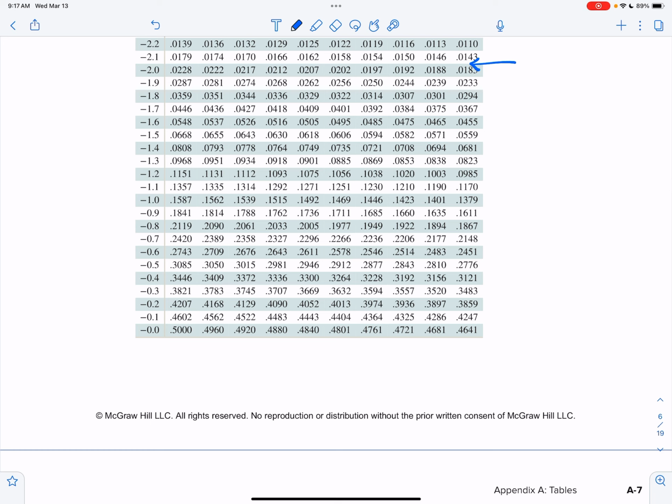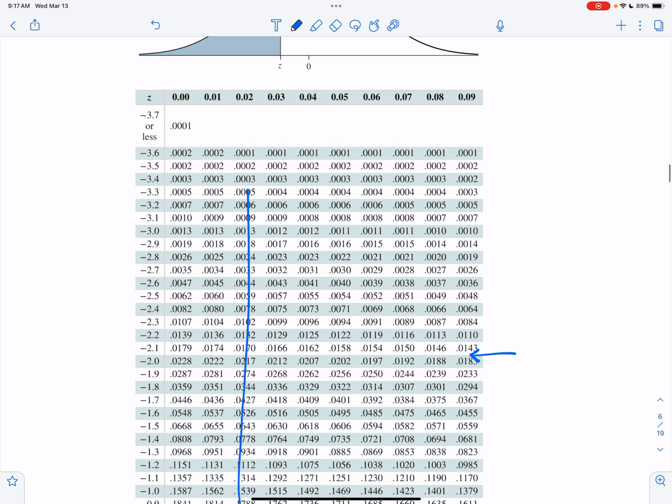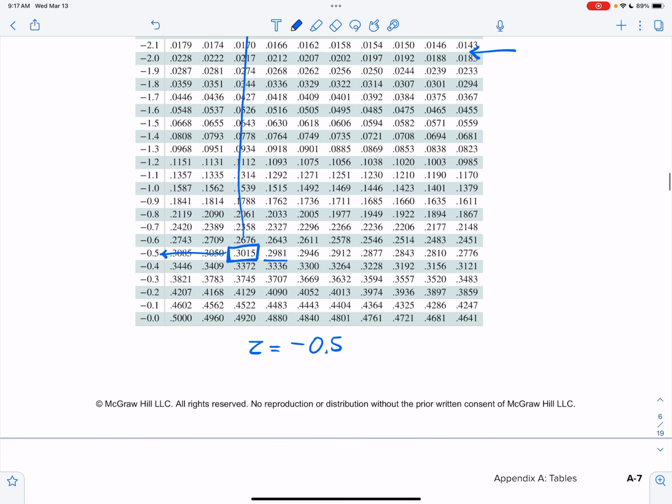Scanning through my values, I'm looking at 0.2981 and 0.3015. 0.3015 gets a little bit closer, that's the closest we can get. And it corresponds to a z-score of negative 0.5 from the row, and then the column shows me that there would be a 2 in the hundredths place.